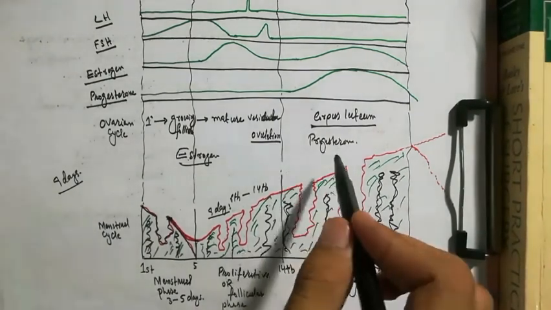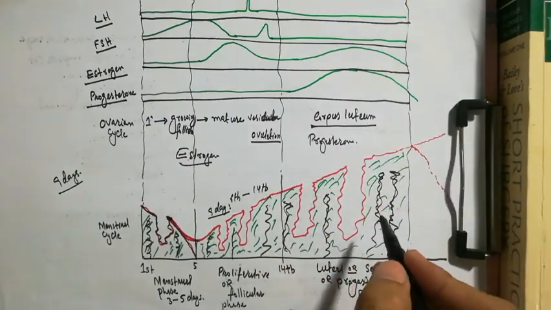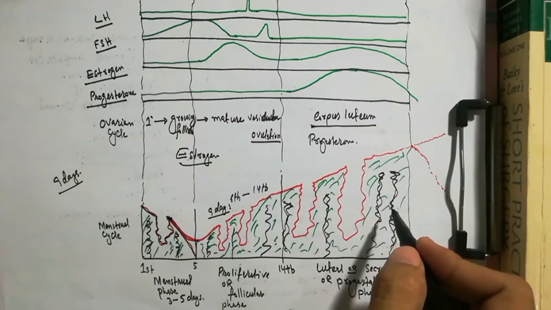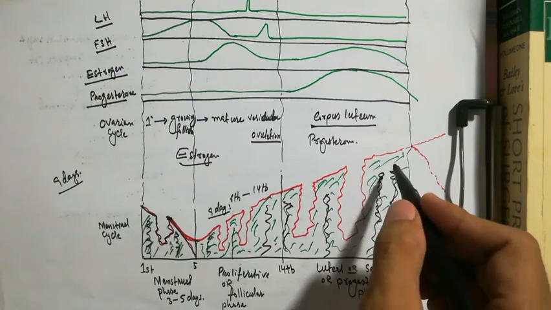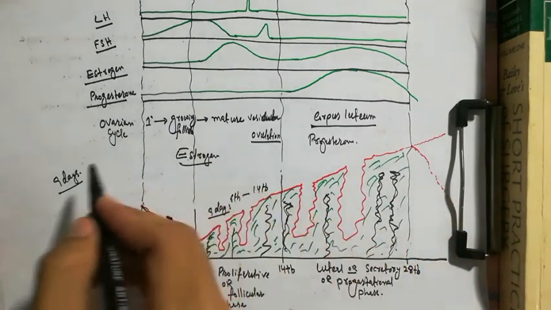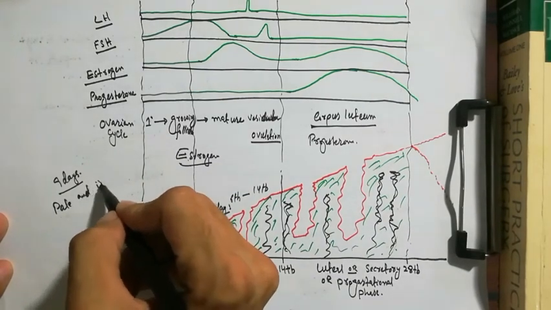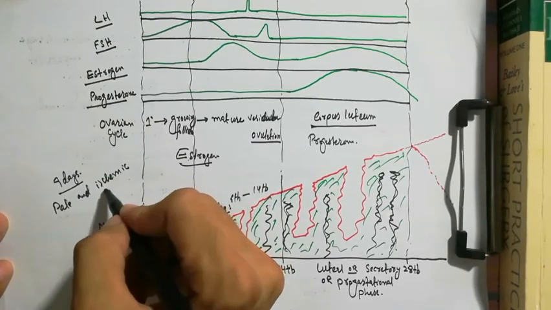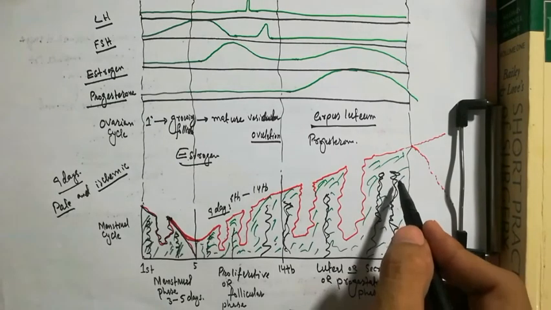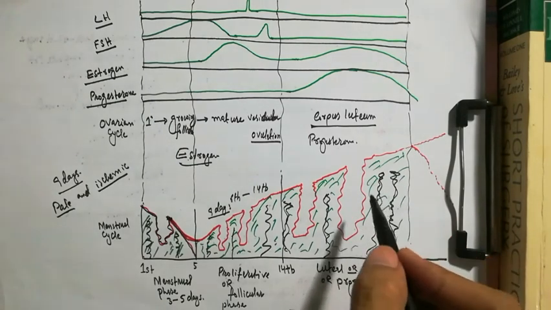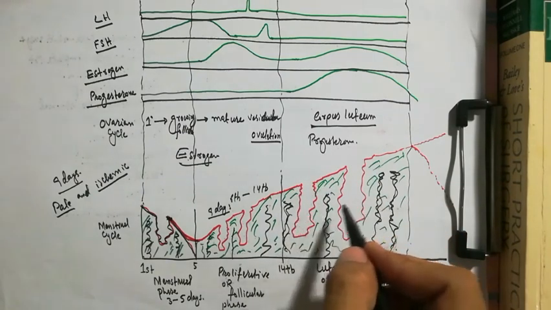When progesterone concentration is decreased due to degeneration of the corpus luteum, spiral arteries are constricted and blood flow to the functional layer of the endometrium is reduced and the endometrium becomes pale and ischemic. Pale and ischemic due to no blood flow to the functional layer because of constriction of spiral arteries, and also due to low concentration of progesterone, the secretory function of the glands is also lost.